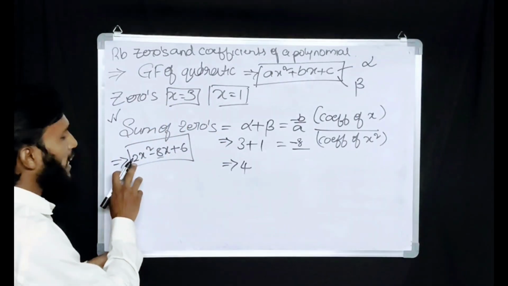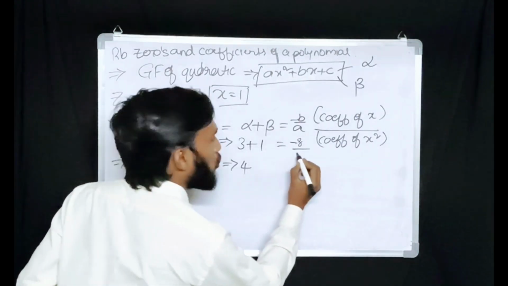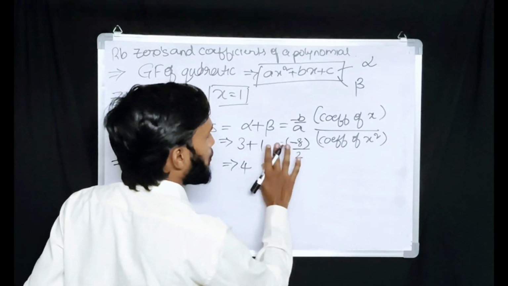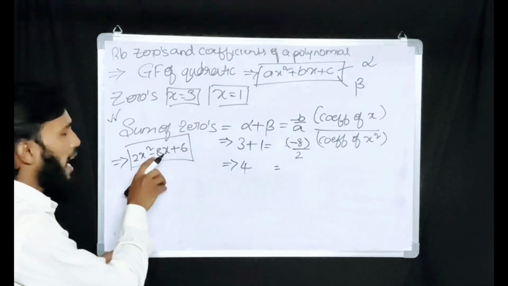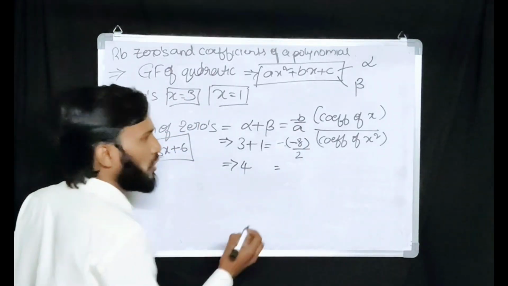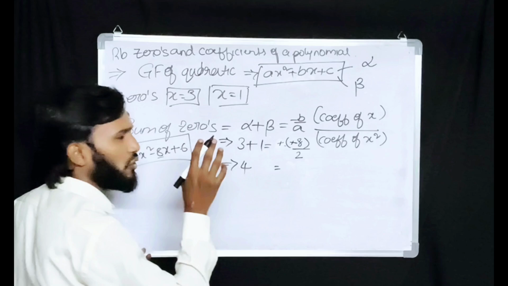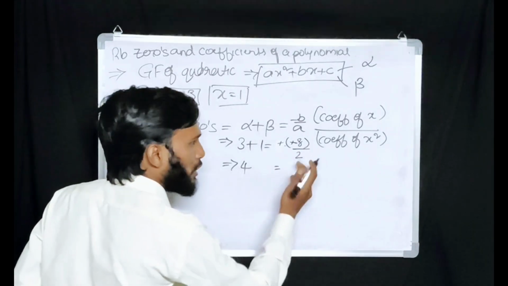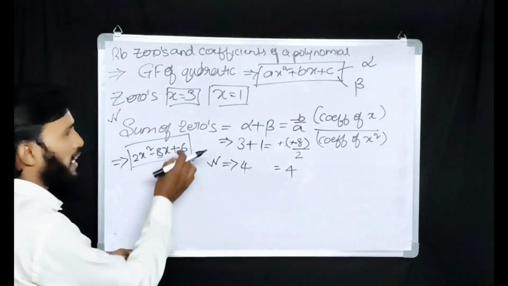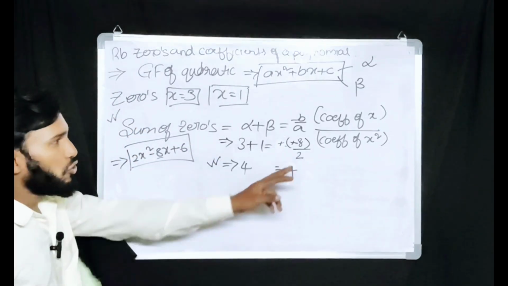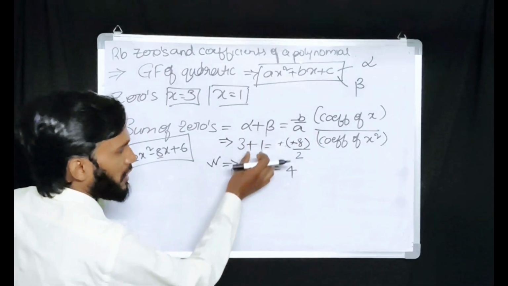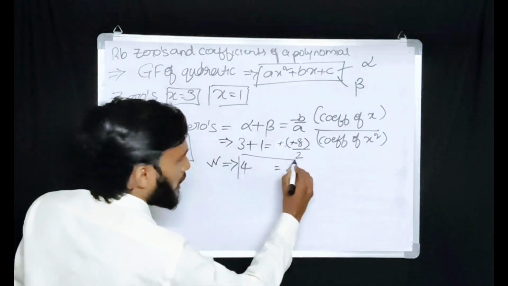And the coefficient of x²? 2. Since it is minus b by a, minus and minus cancel, so plus 8 by 2. 2 times 4 is 8, so the answer is 4. See, both are the same. The sum of the zeros, alpha plus beta, is equal to minus b by a. The zeros and the coefficients give the same value.